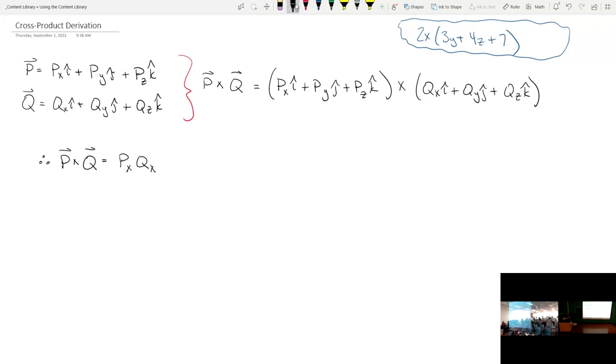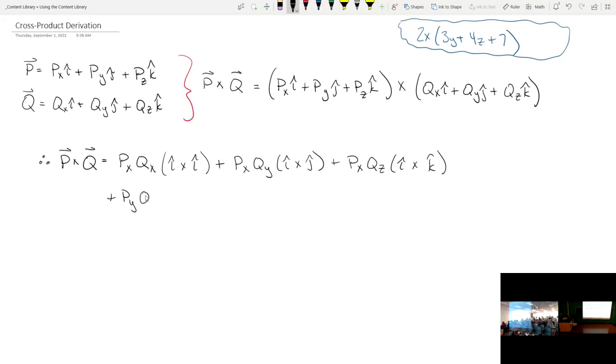All right. So we have PX and QX. Remember, the way we define vectors, those are just numbers. So I'm going to stick them out on the side. And then I'm going to have I cross I plus PX QY I cross J plus PX QZ I cross K. And then go on with the next term.